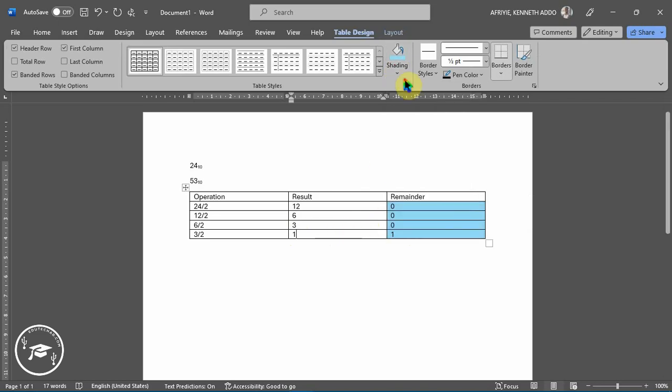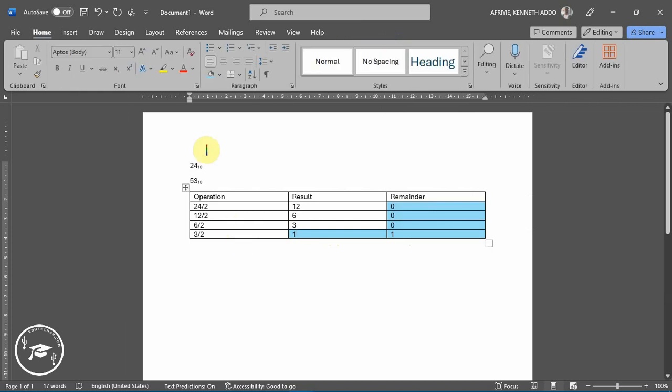This including this, yes. So 24 base 10, let me copy this. 24 base 10 will give us what? 1, 1, 0, 0, 0 base what? 2. Great.